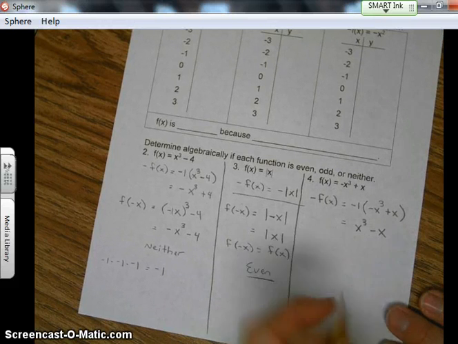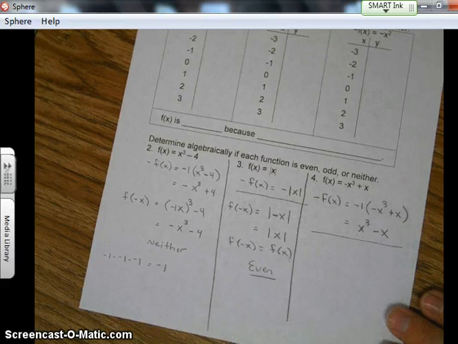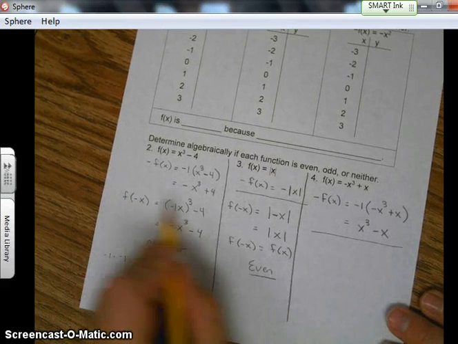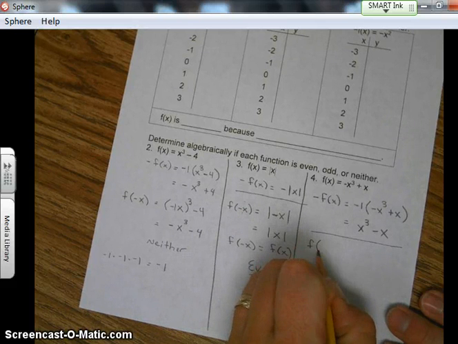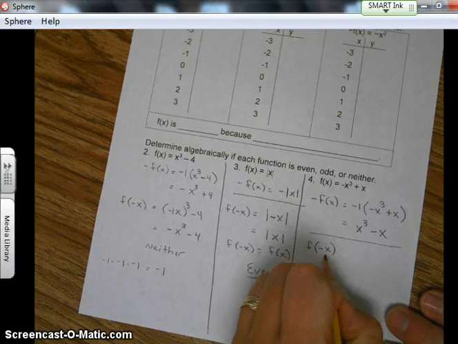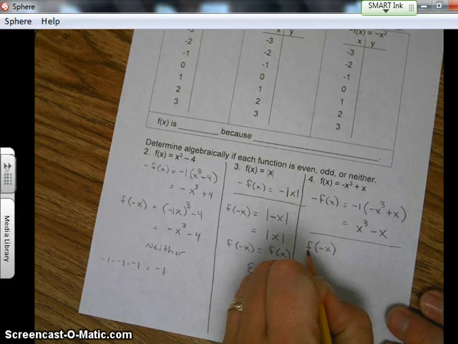Okay, next step, we did it here, we did it here, we do it again here. We plug negative x into function f.